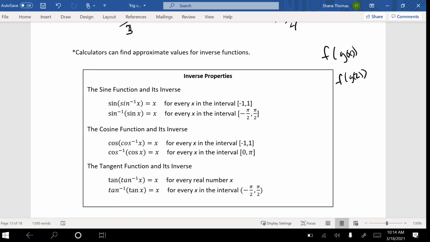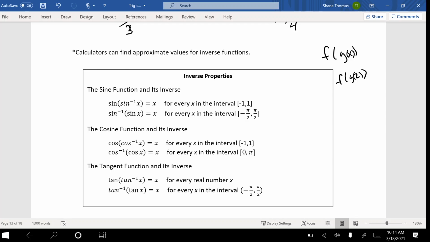Now, here's a list of rules for these. So sine, you can have the sine of the inverse sine of x, and basically they cancel each other out, whether it's inside or outside. The difference is, when I want sine on the outside, I have to make sure x is in the interval negative 1 to 1.